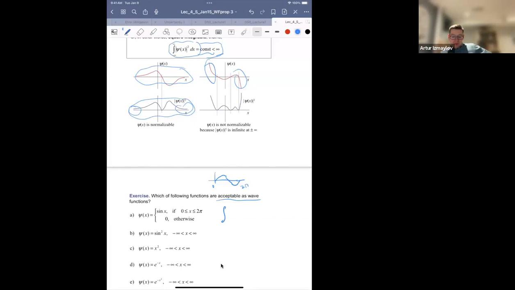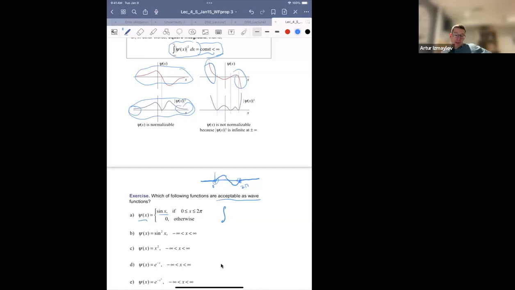And then you have this function represented as a sine function between 0 and 2 pi, and outside of that range, it's 0. So the function is continuous, it's differentiable in all the points except a finite number of points where the function is not differentiable, which is fine.